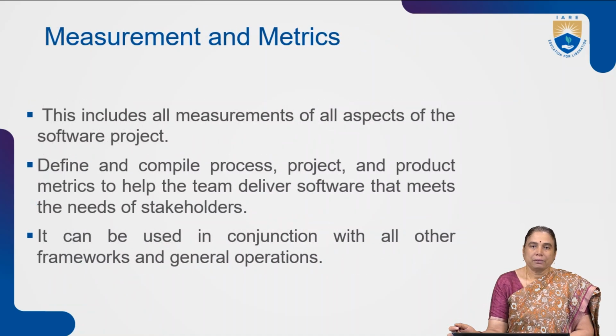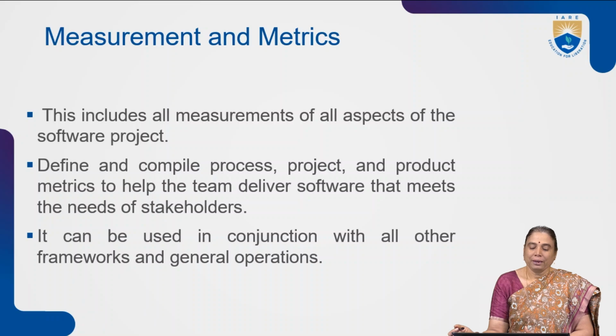Measurement and metrics is one more umbrella activity, which includes measurement of all aspects of the software process. The work of the software engineer generally falls in the construction phase, and the measurements that can be used at this phase are size-oriented metrics like lines of code, LOC, and function points, FP.